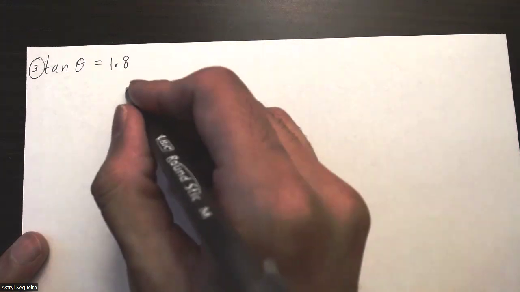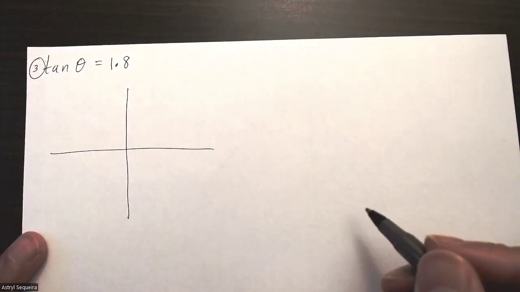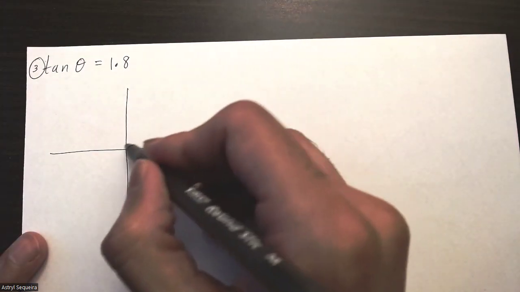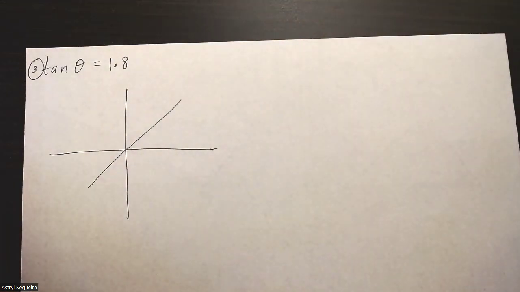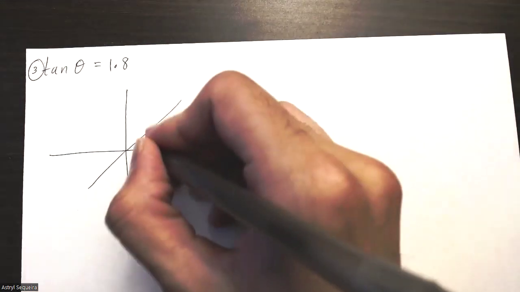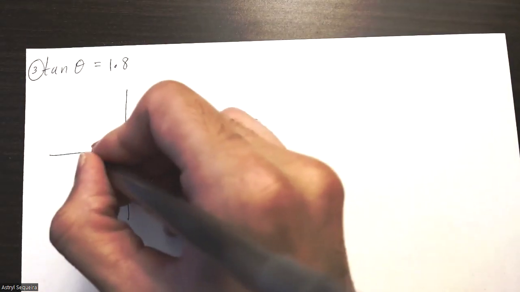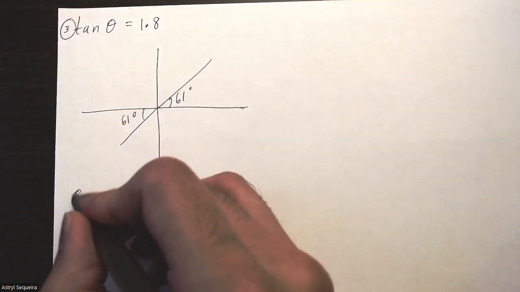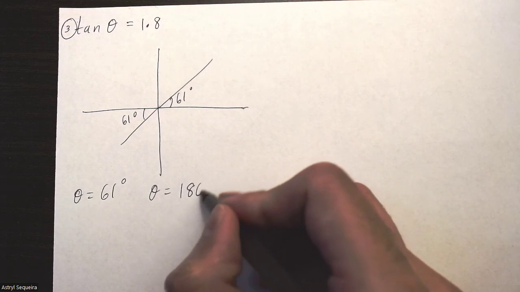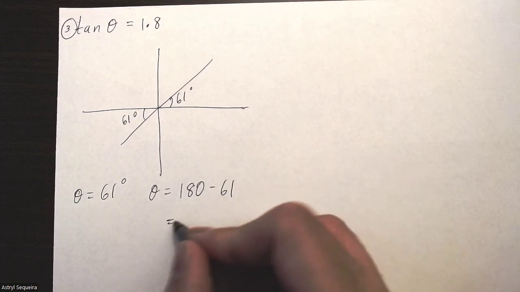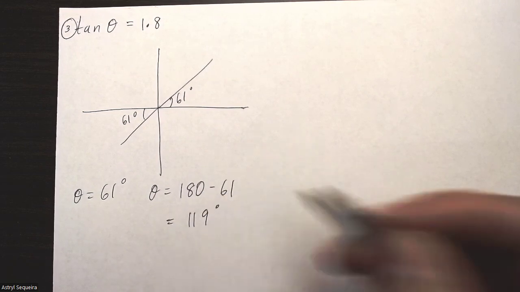Well, let's do this with our CAST rule, and then I'll explain it through the graph after. Tan is positive in the first and the third quadrant. In my calculator, if I do tan inverse of 1.8, I'll get 61 degrees as my acute angle. Then my first solution is just 61 degrees. My second solution is 180 minus 61, which is 119 degrees.